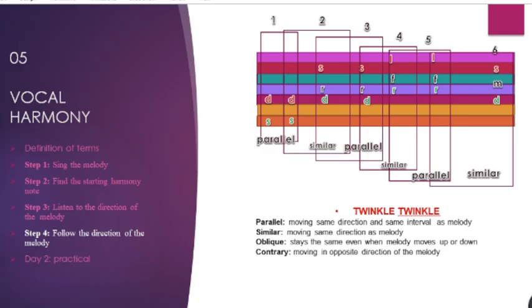The reason for this is, if you're able to find the harmony below, let's say, as we did before, twinkle, twinkle, we are able to find the descending harmony, or the harmony below the melody, which is sol.